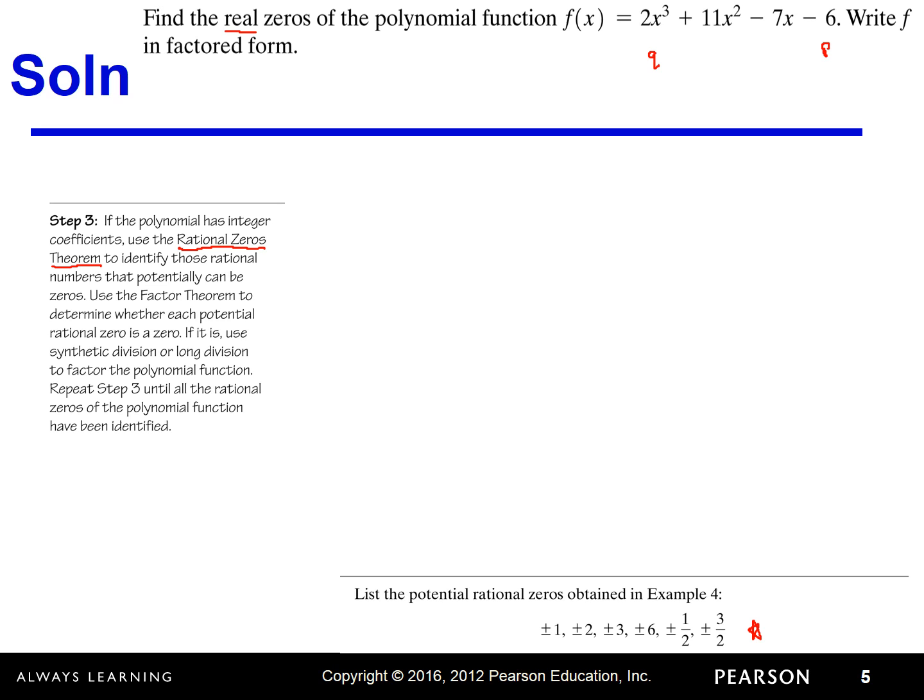Okay, so really what we could be doing here are 12 problems. We got 12 numbers here, and we would have to check in one way or another whether it is actually a zero.